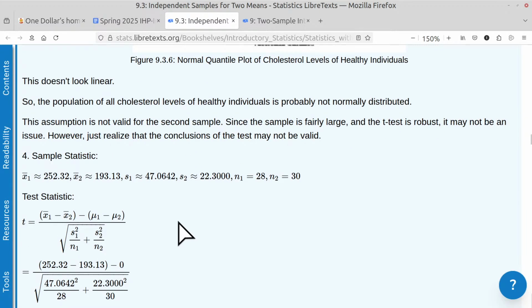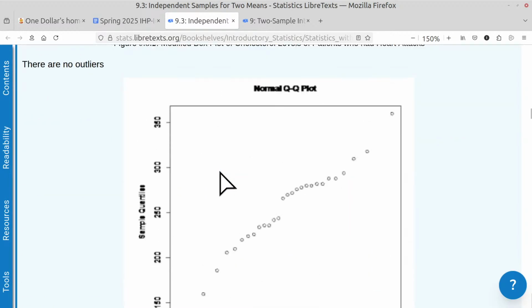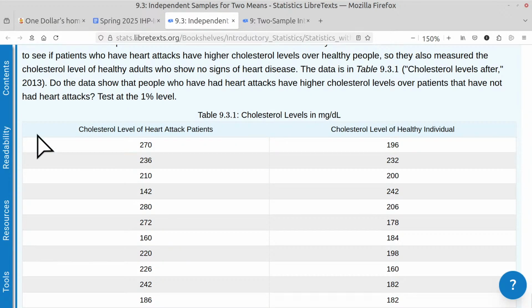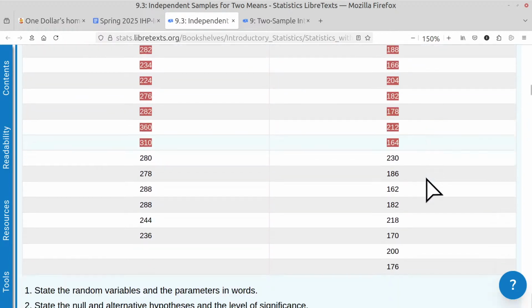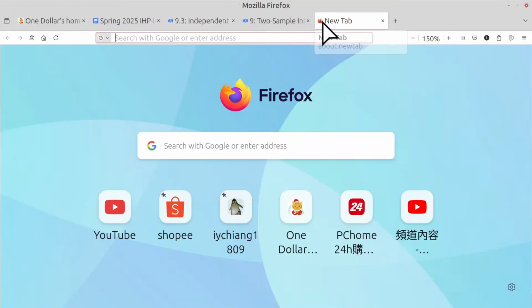And now let's check it. First one, the sample statistic x bar is 252.32, and within the calculation, let me show you how to do this. Copy, and we can move.